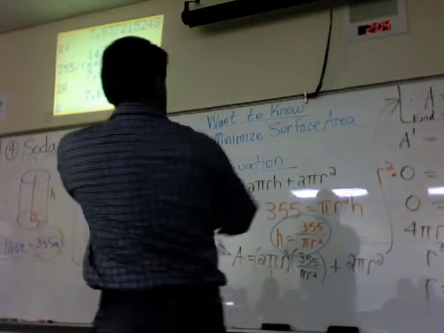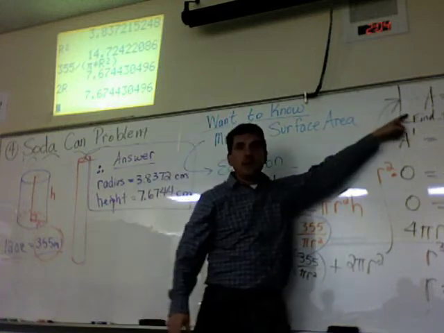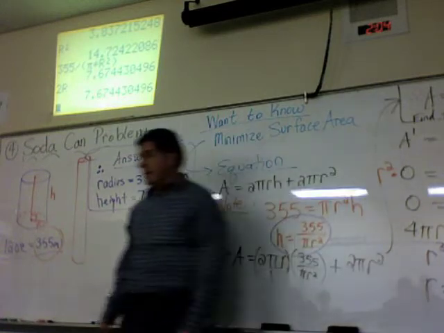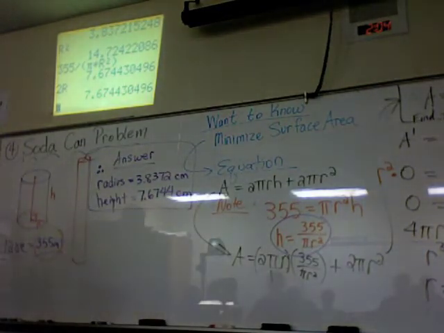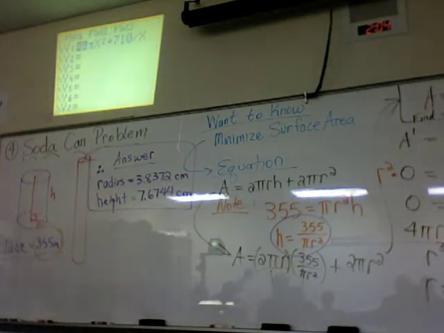All right, we've got to quickly do this to minimum. I want to graph this equation and see if we've got our correct answer. So, go to y equals, and I actually have it in here already. I did 2 pi x squared plus 710 divided by x.